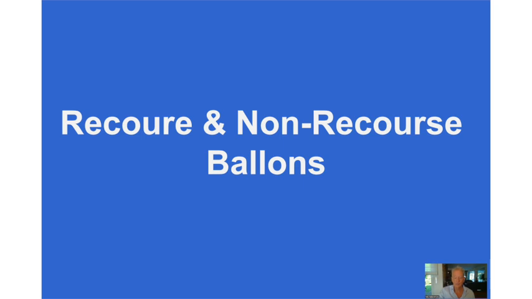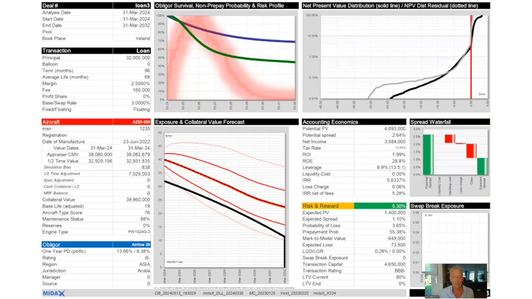First, I just want to show you the effect. And this has nothing to do with portfolio effects. This has to do with the concept of non-recourse and recourse balloons on loans. So in loan 3 that we had, there was a recourse balloon.